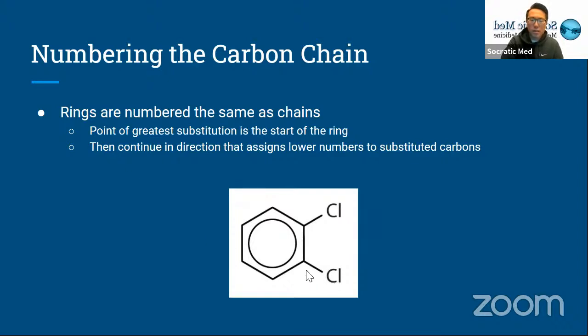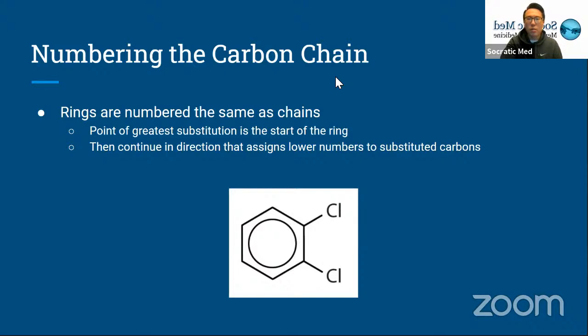So in this ring, you'll give carbon number 1 to either of the carbons attached to the chlorine, and then assign carbon number 2 as the other one attached to chlorine. That makes sense, because since they're next to each other, you want to give them the lower numbers. So there'll be 1 and 2 instead of going around the other way, and it'll be 1 and 6.